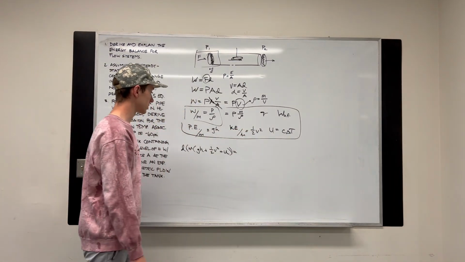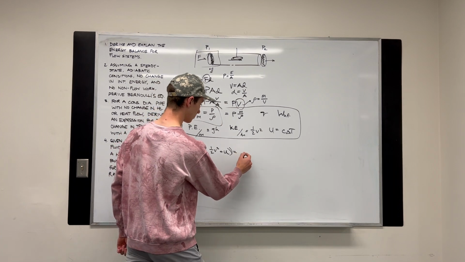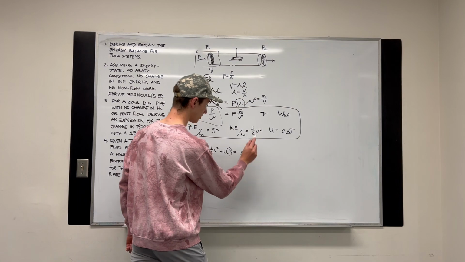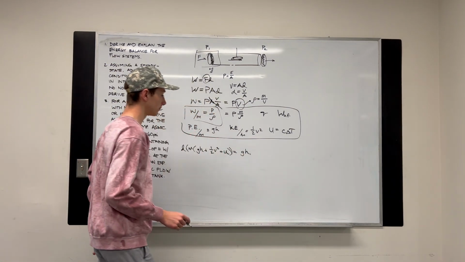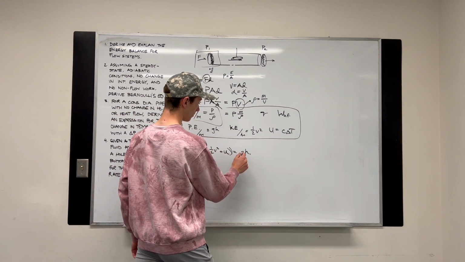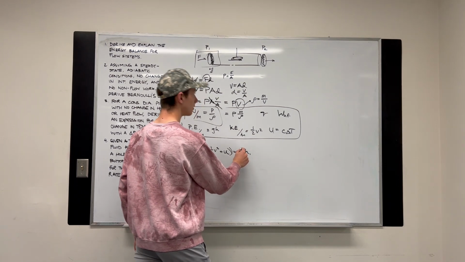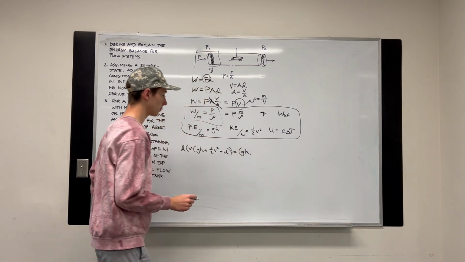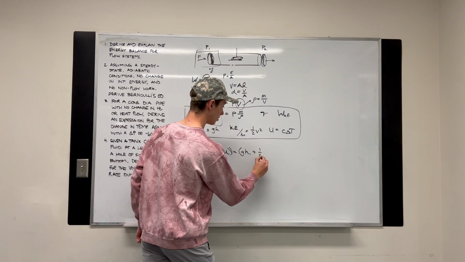There's some potential energy, we'll call this H1. We'll do gh, let's keep them together just like we did on the other side. I think that'll be easier.